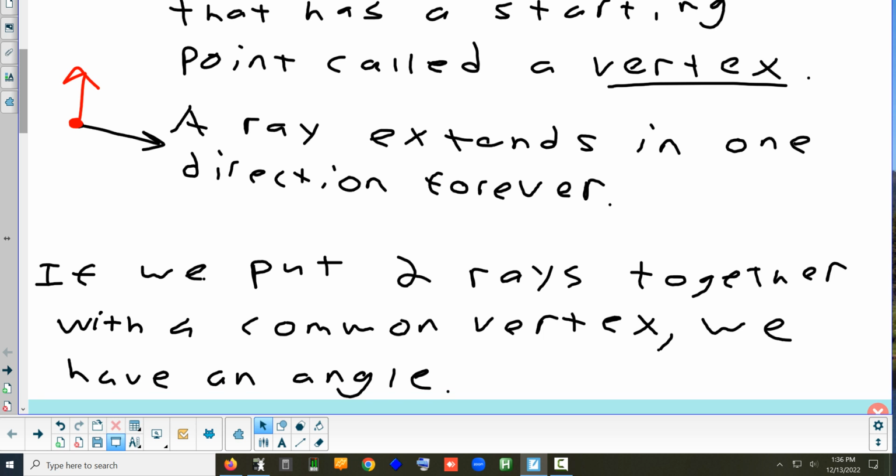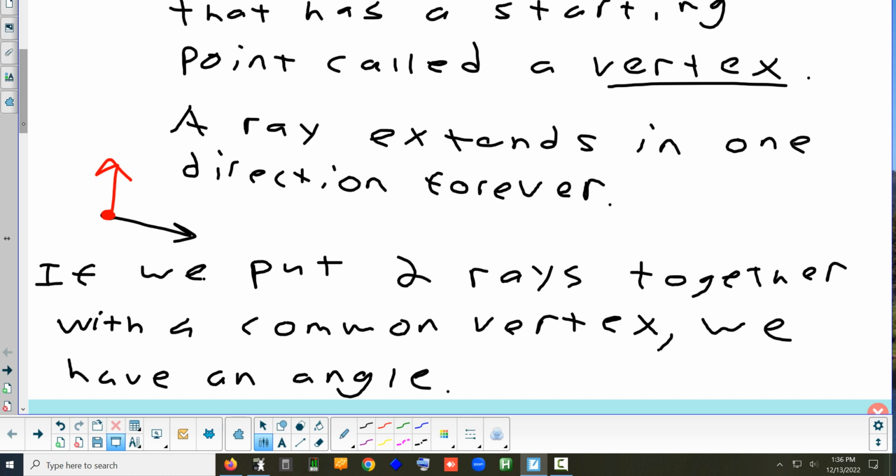So if you put 2 rays together, just like that, you line the vertices up, so each vertex is right on top of each other, then what we've created is an angle. So when you draw an angle all by itself, it's made up of 2 rays.